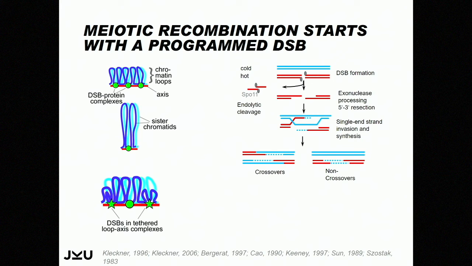Simon already talked a little bit about the importance of SPO11 itself, where a series of different proteins are part of this recombination initiation machinery, but actually it's the SPO11 endonuclease, associated with topoisomerases, that then cleaves the DNA, and now we go to a very simplified form of the process itself, where we have resection.